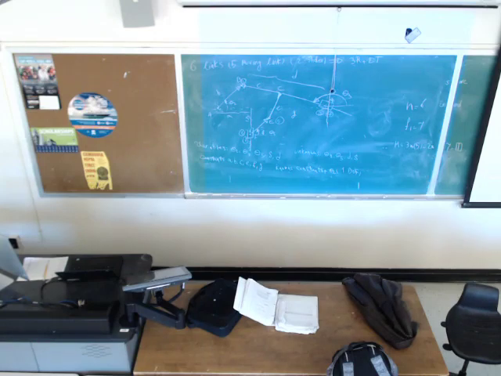But in this triangle, we are looking for D. So write the cosine rule for this one. DA squared would be B squared plus G squared minus 2 BG cosine of theta 2, the cosine of this angle.